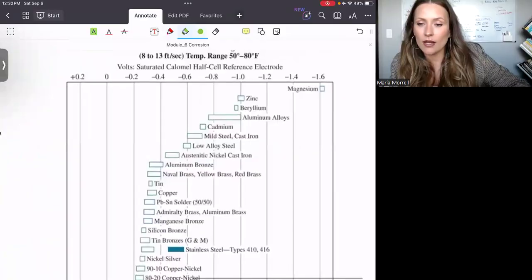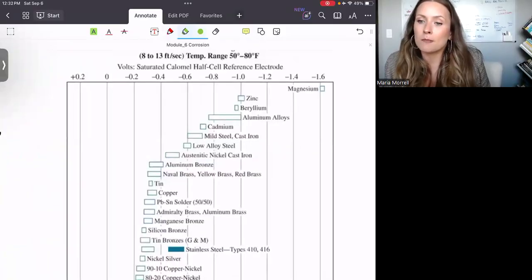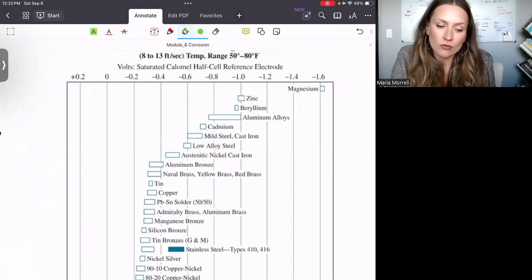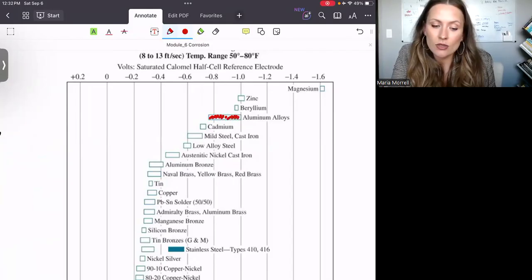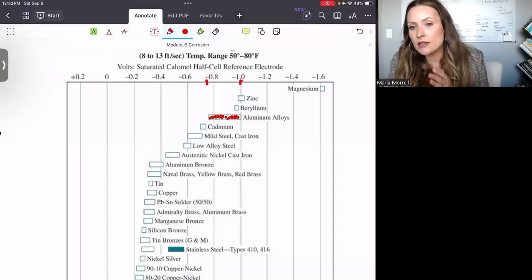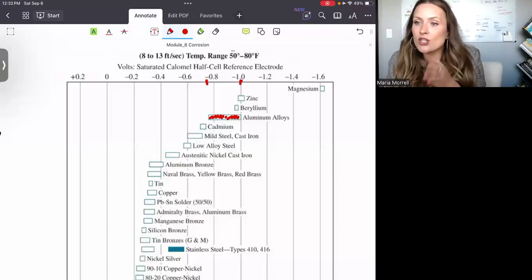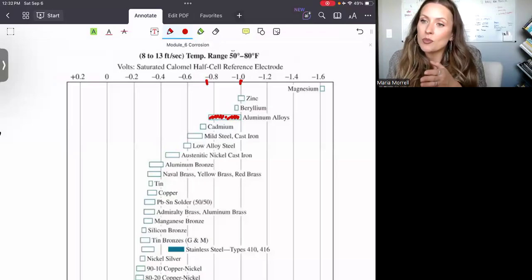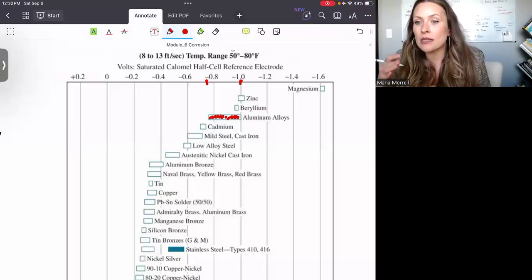Well, imagine if I am working with an aluminum alloy, right? Just as an example, this is an aluminum alloy, and you will see that the potential is in that range, right? So now I can instantly identify which metals on the list will be cathodic and which will be anodic.